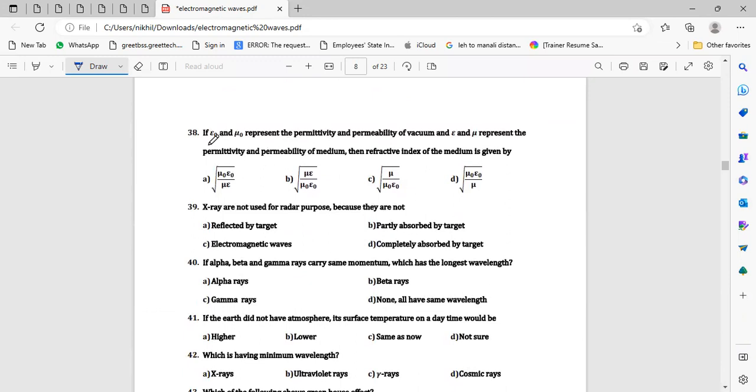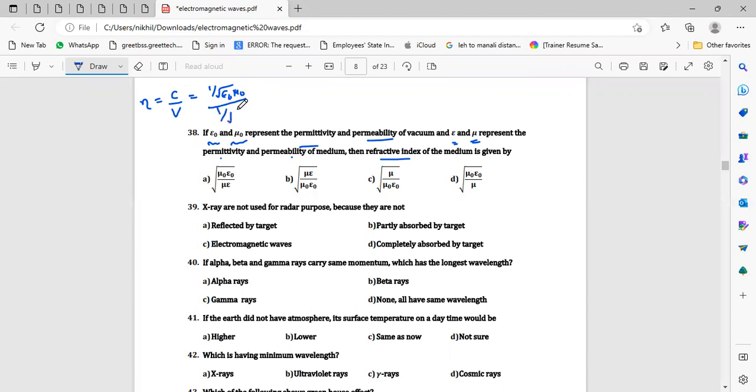Coming to this. Epsilon and mu represent permittivity and permeability. What is the refractive index of the medium? How do you define the refractive index? Refractive index is defined as the speed of light, C by V. What is C? 1 by root epsilon naught into mu naught.